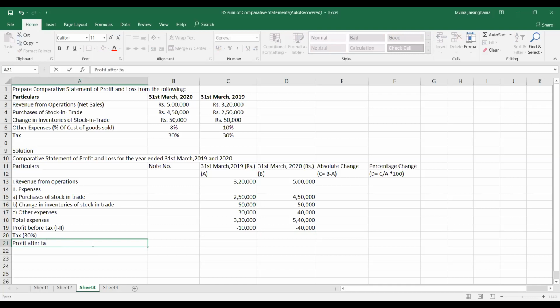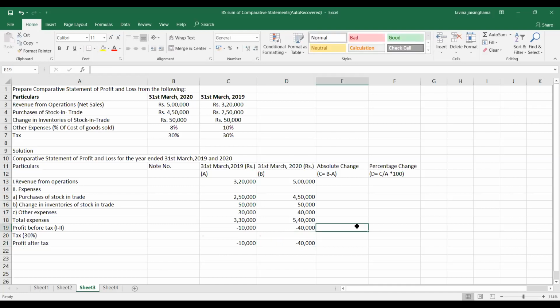If there was profit, 30% of it would have been charged, but if there is no profit, we will not charge anything. So profit after tax will be 10,000 negative, and 40,000 negative. So here we complete half of our sum, that is, we have prepared our profit and loss statement.